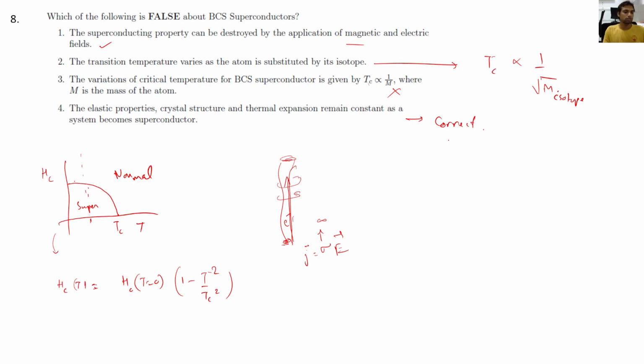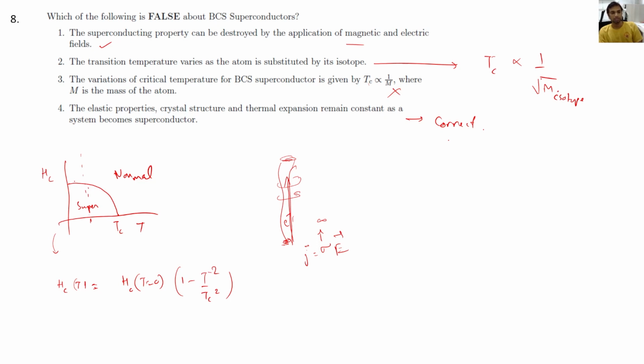So mostly what happens is, becoming a superconductor is a phenomenon which is related to the availability of electrons, the electrons and their interaction with the lattice. And that interaction can be a very weak interaction.